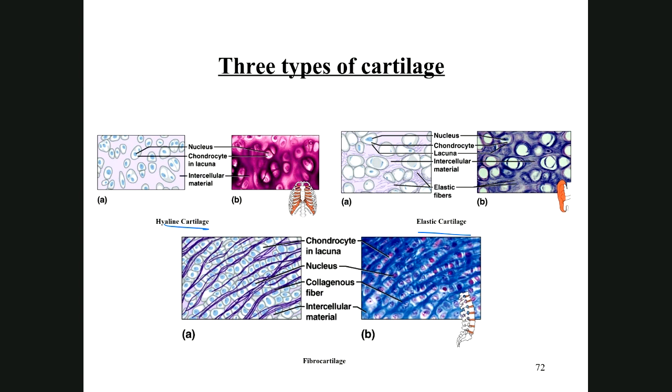Fibrocartilage, two areas that you see fibrocartilage are the pubic symphysis, that's where the two pubic bones fuse, and in between vertebrae, called the intervertebral disc. It's a little cushion there between the two vertebrae.